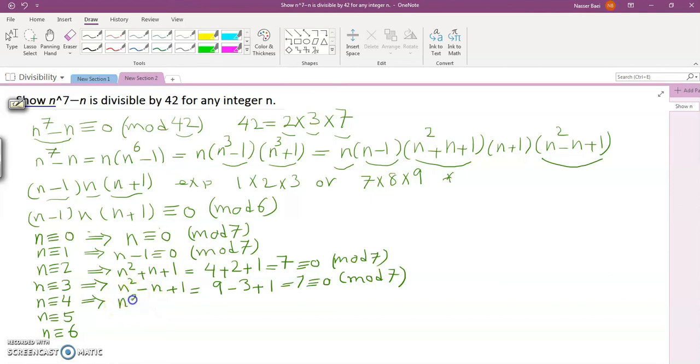So n squared plus n plus 1 will be 16 plus 4 plus 1, which is 21, and 21 will be congruent to 0 in mod 7.